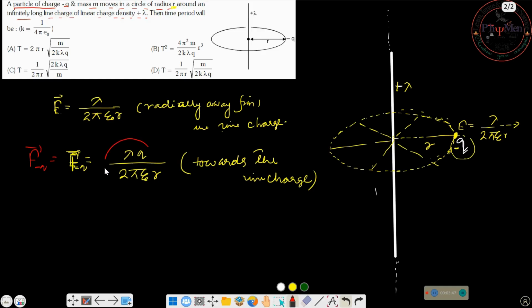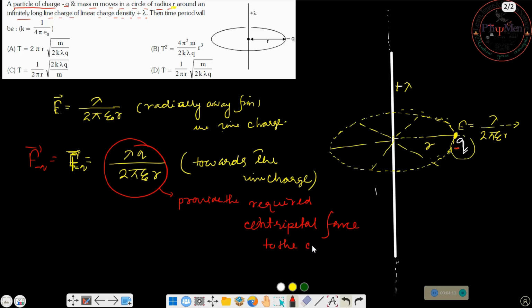So this force experienced by this minus q will provide the required centripetal force to the charge minus q to rotate around this infinitely long line charge.